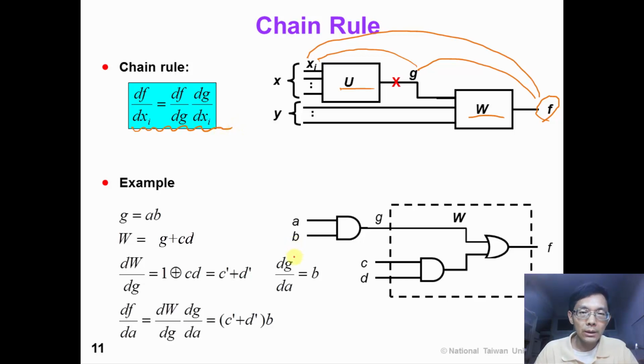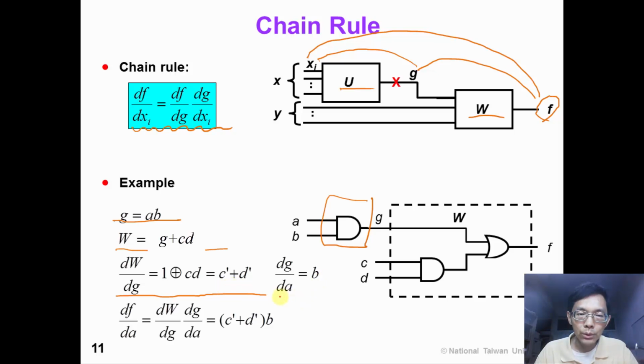Now let's look at an example. Suppose we decompose this circuit into two functions where G is equal to AB and W is equal to GC plus CD. So we can take the Boolean difference dW over dG, which is CD exclusive-or 1, equal to C prime plus D prime.